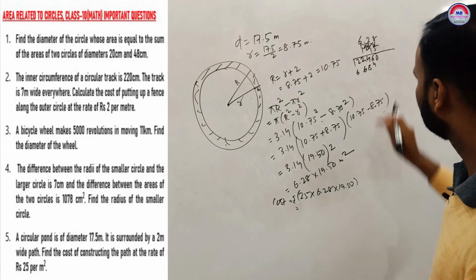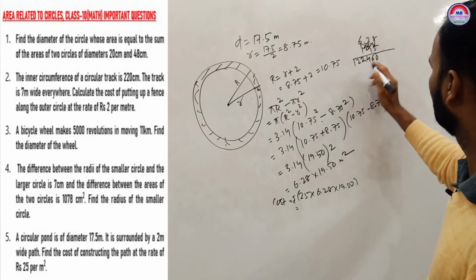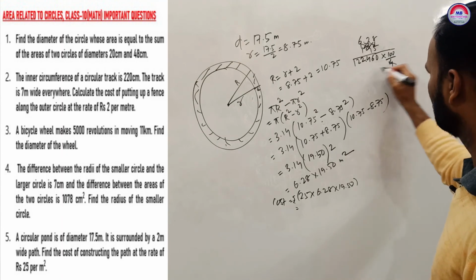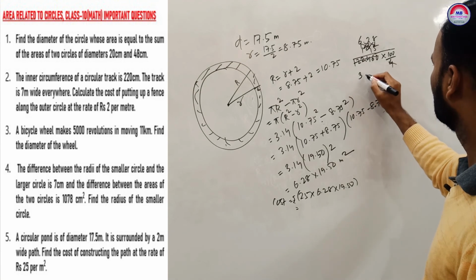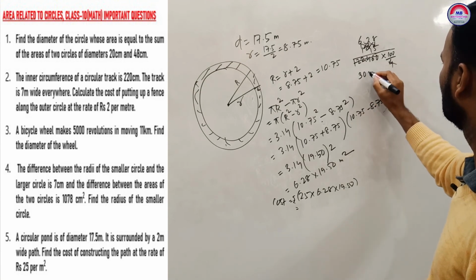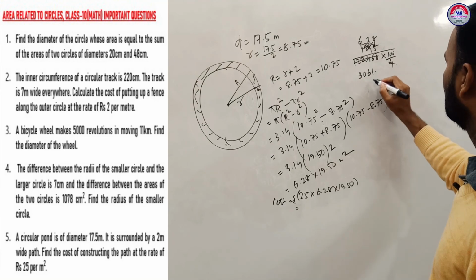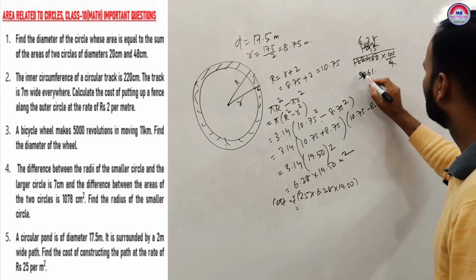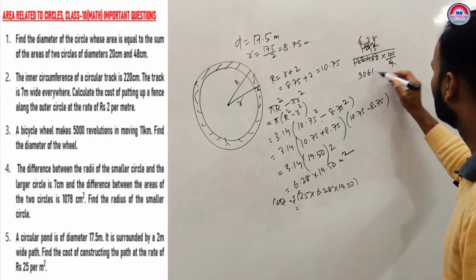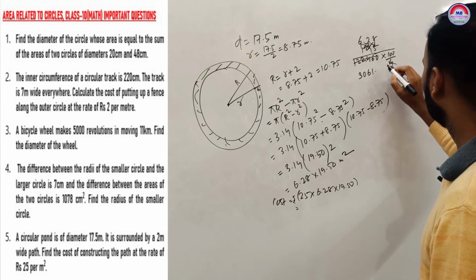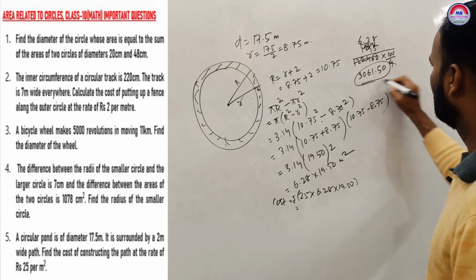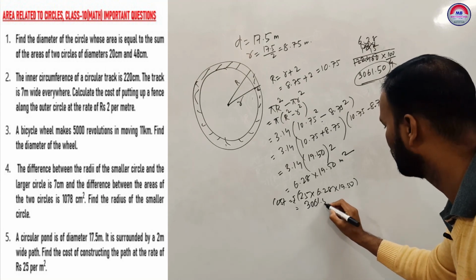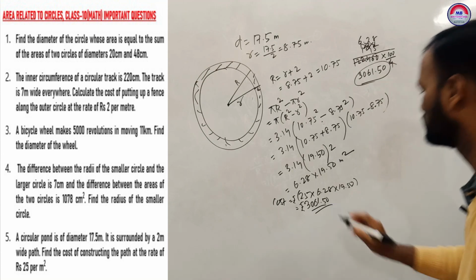Then you have to multiply with 25. If you multiply by 25, you can write it directly: 122.46 into 25 gives 3061.50 rupees. That is the answer.